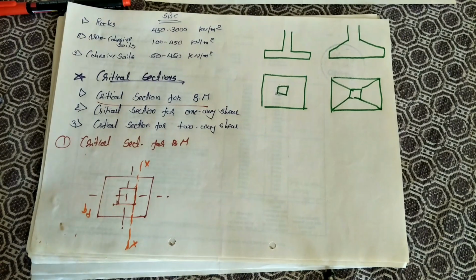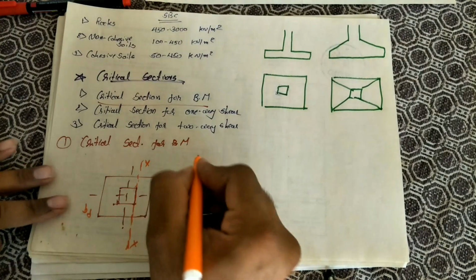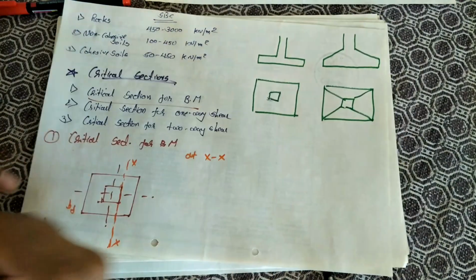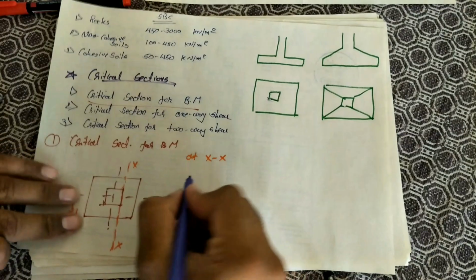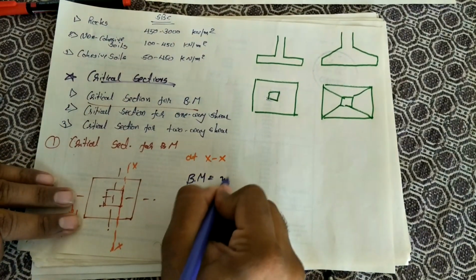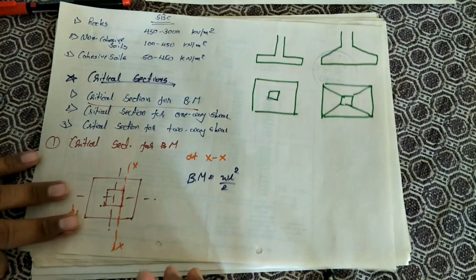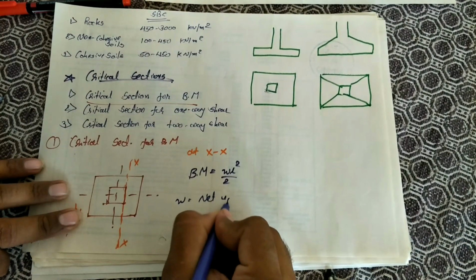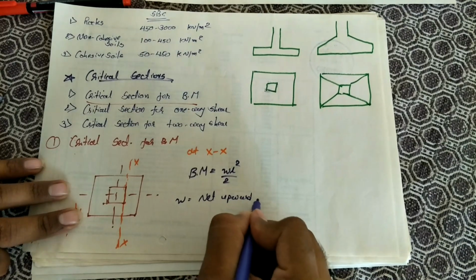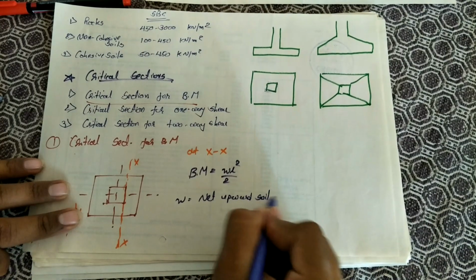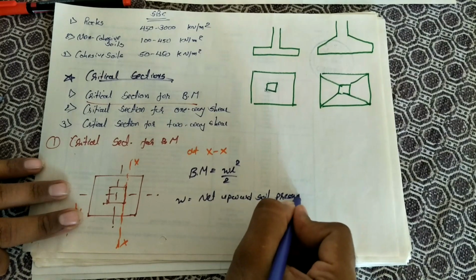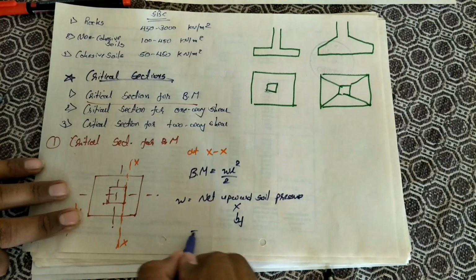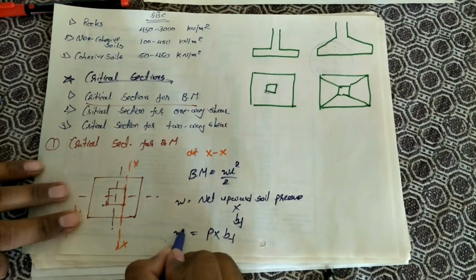So at the critical section XX, we can write that the bending moment is WL square by 2, where W is equal to the net upward soil pressure into the width of footing. So it is ultimately P into BF.